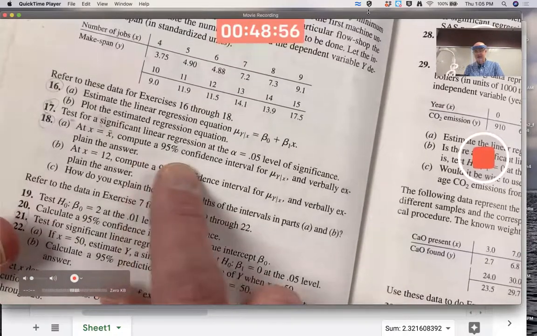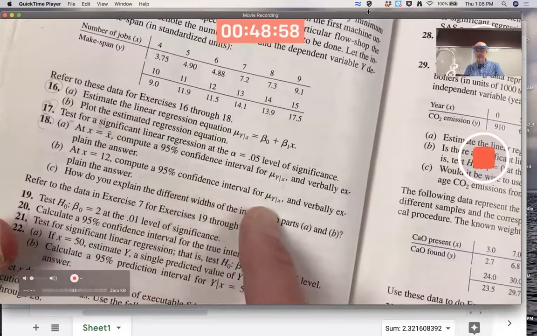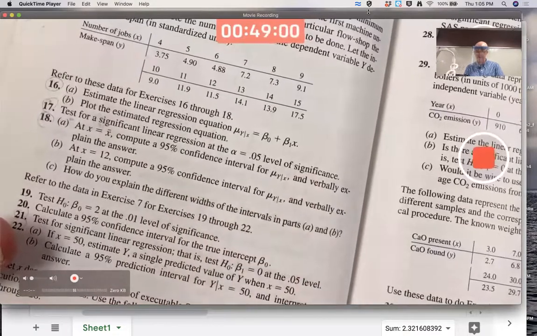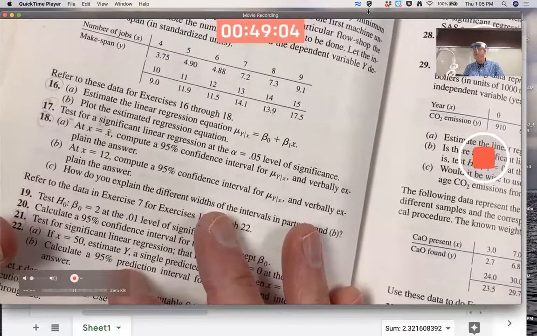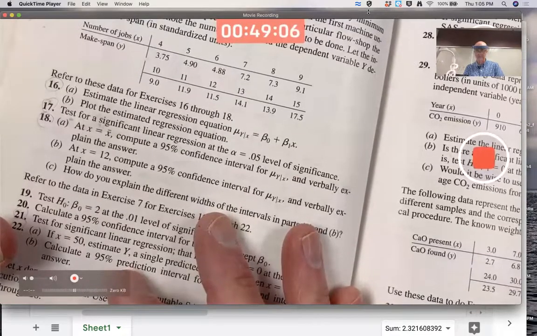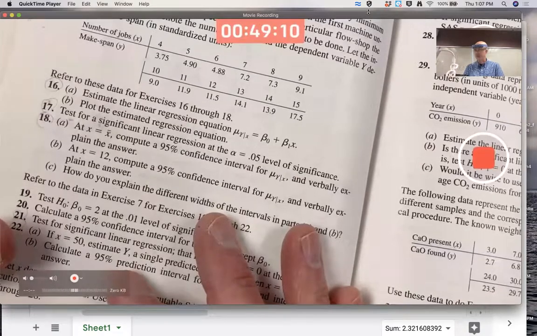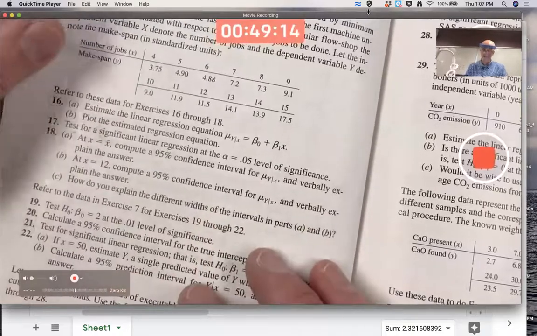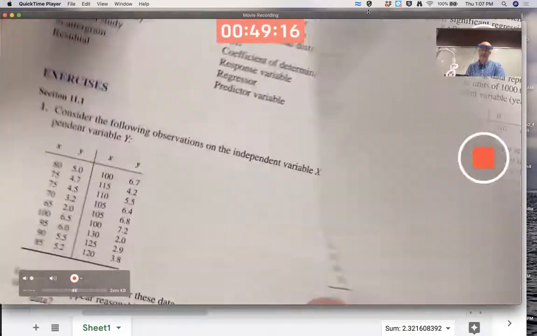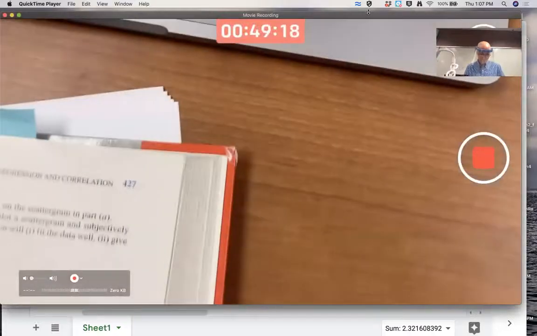Compute a 95% confidence interval for the mean. Not just a point estimate. Confidence interval. There's actually something else you can do called a prediction interval, which we will not take the time to do because this is enough. What formula is necessary there? I'll just tell you.